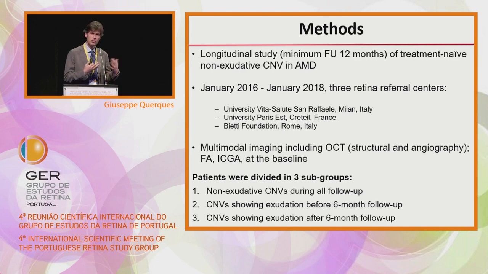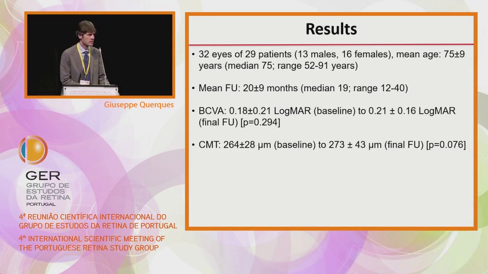So those inactive, subclinical type 1 macroneovascularizations could not be defined as quiescent, since they showed exudation before the minimum 6 months for the definition. And then there are those that showed exudation, but after 6 months. So they could be defined as quiescent, but show exudation at a later time. Let's have a look at the results.